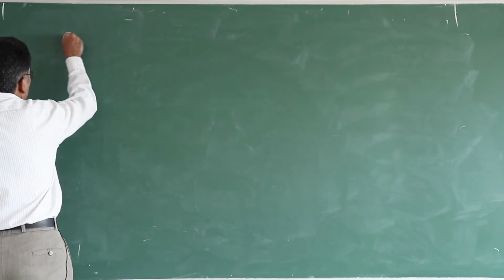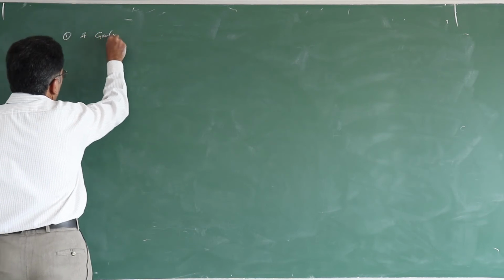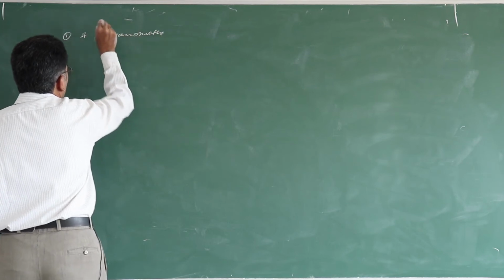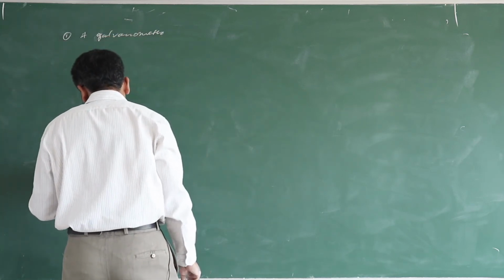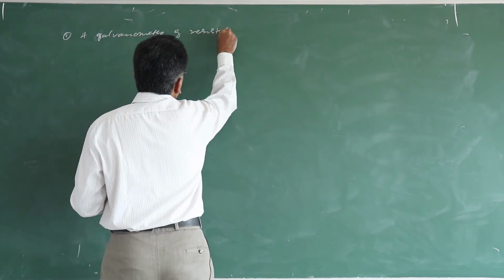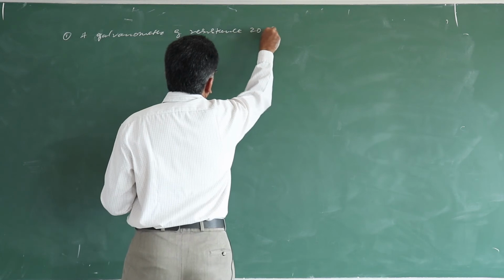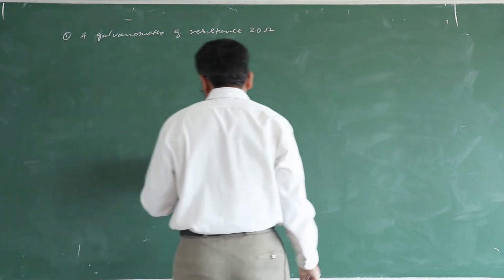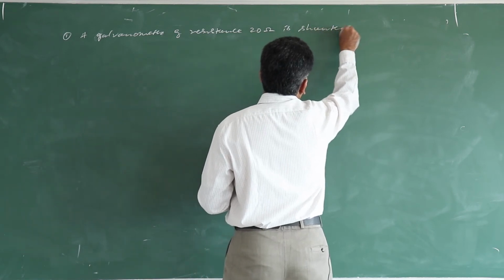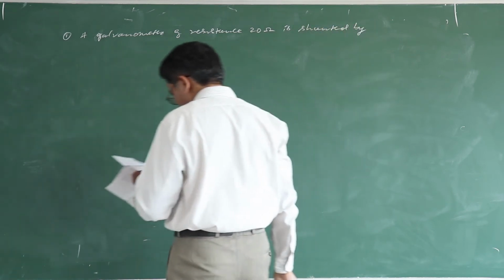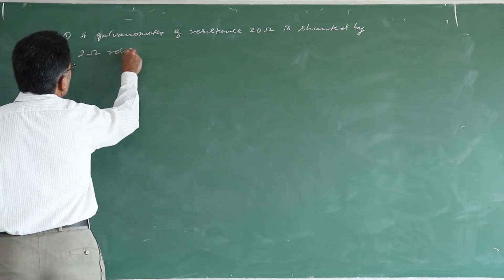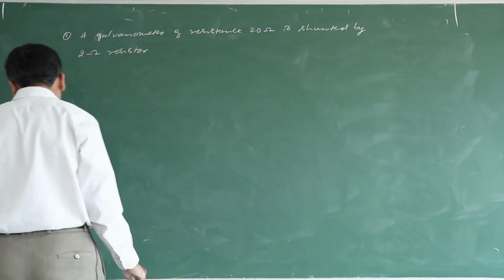A galvanometer of resistance 20 ohm is shunted by a 2 ohm resistor.